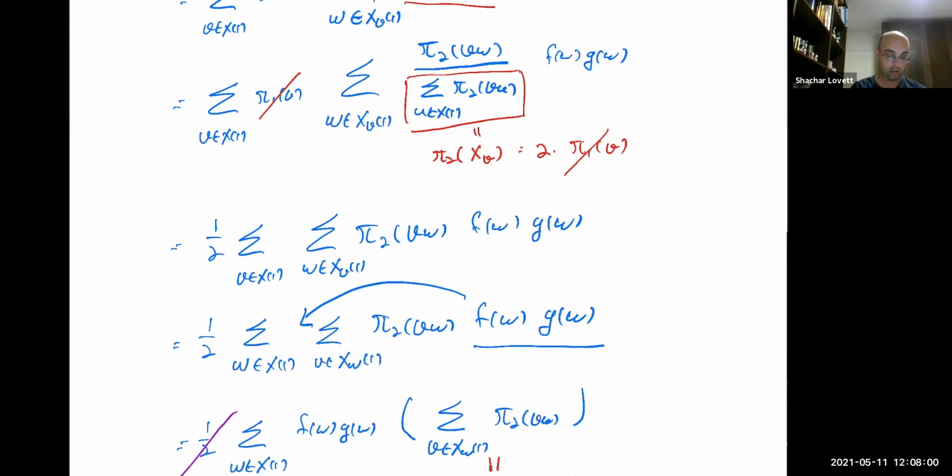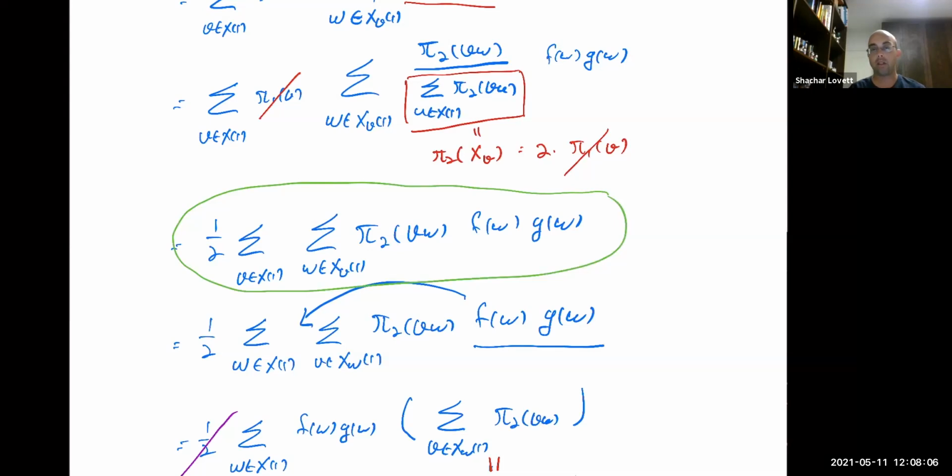And it turns out that the two expressions we showed are equal are just two ways of thinking about these edges. Do we first sum on V and then on W, or do we first sum on W and then on V? So it's basically changing the order of summation, giving us that this global average and the local averages are both the same.